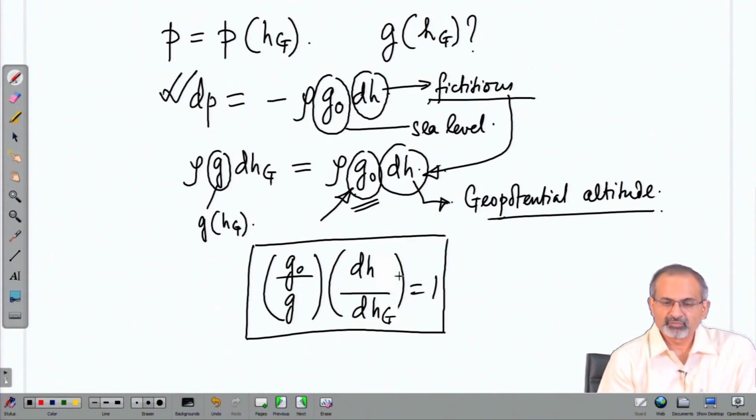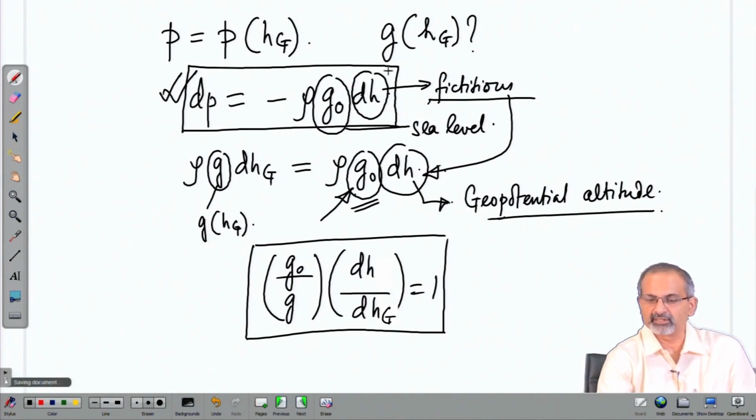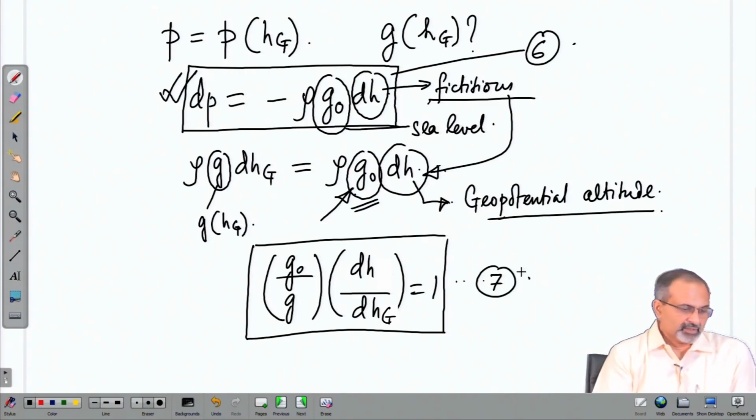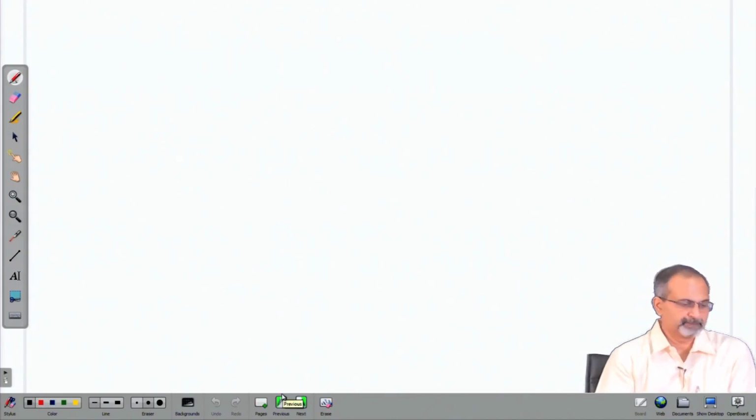Prior to that, we have left behind an important equation here, which we forgot to number, that is this, where we introduced the concept of geopotential altitude. So, let us call this as 6 and let us call this as 7. So, what have we got now? We have got 3 different altitudes defined, which we set out to do in the beginning.